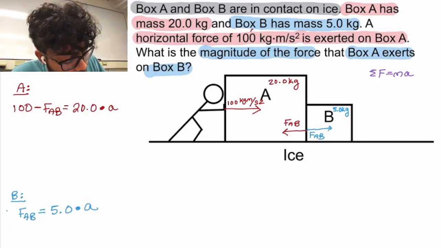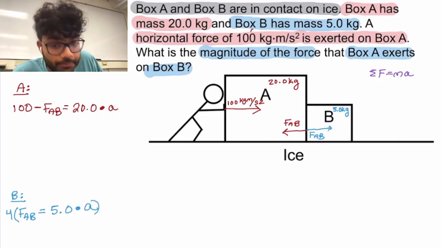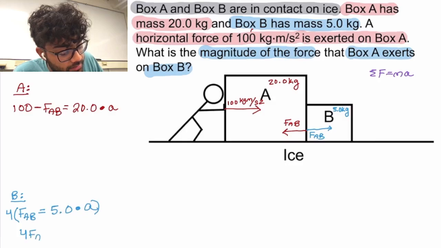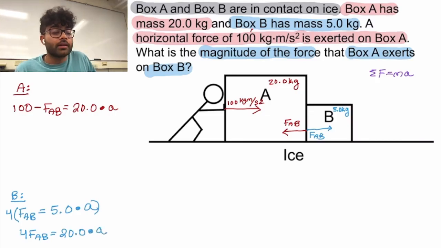So let's take our equation for B and multiply by 4. This gives us that 4 times the force AB is equal to 20 times a.